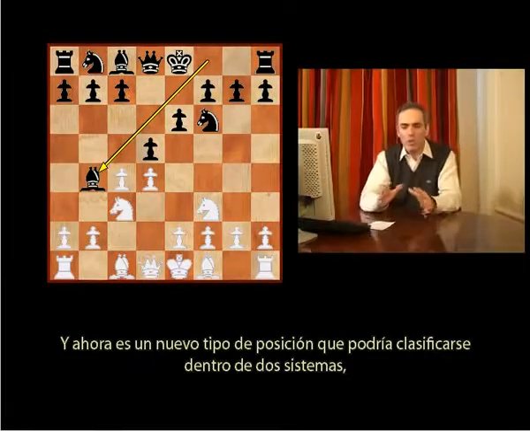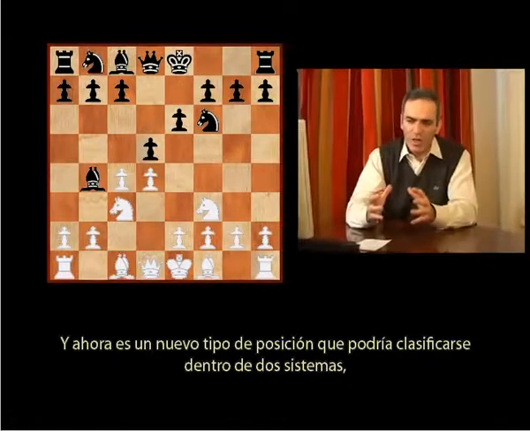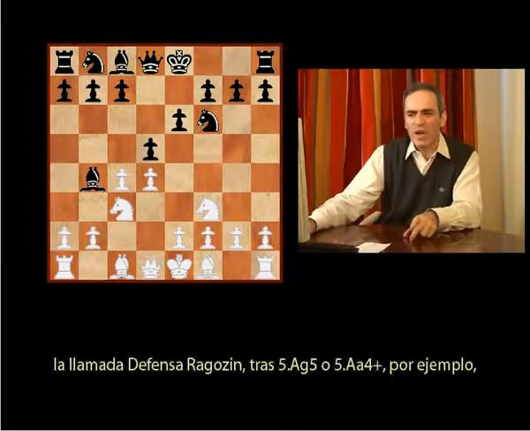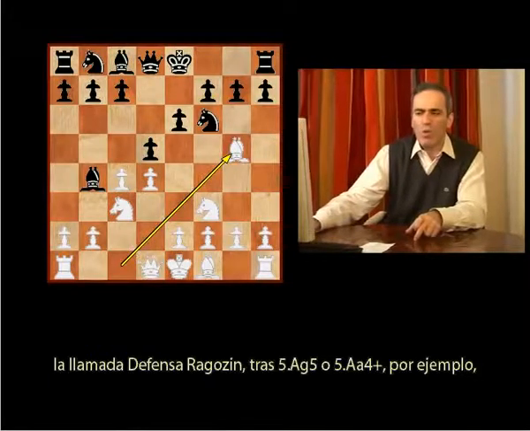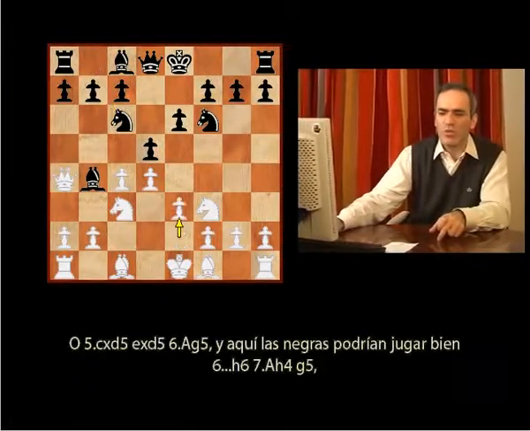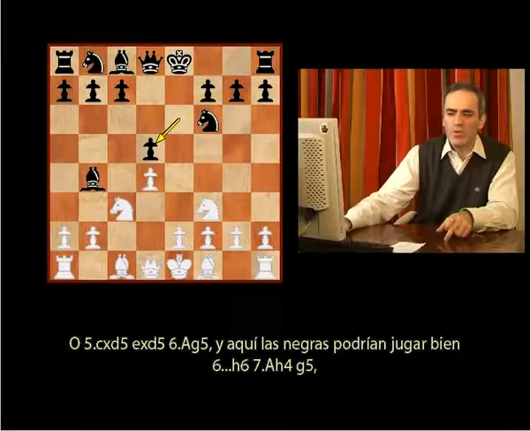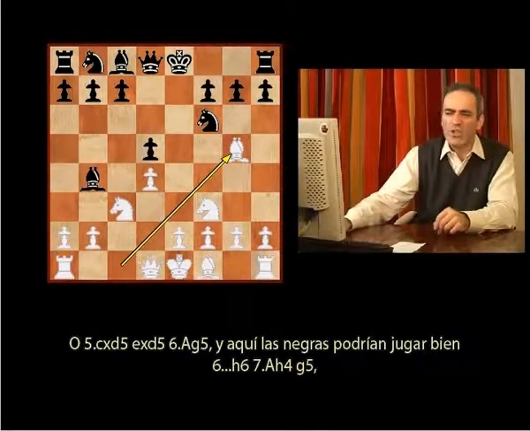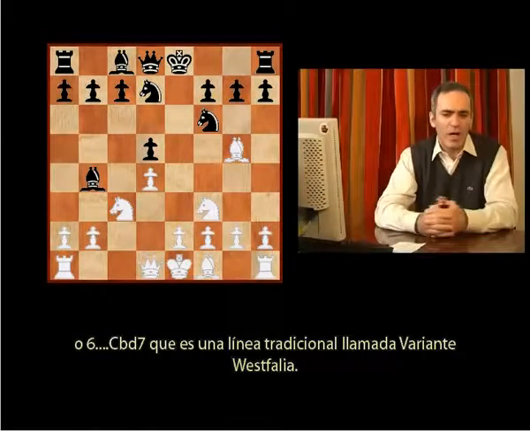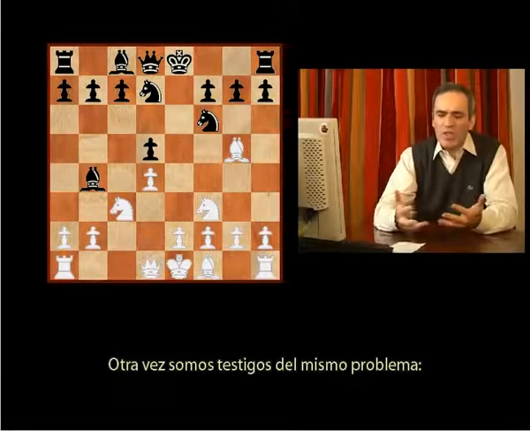And now it's a new type of position that could be classified within the two systems: the so-called Rogozin defense after bishop g5, or queen a4 check, for instance, knight c6, and then white could play e3 or bishop d2, or cd5, ed5, bishop g5, and then here black could either play h6, bishop h4, g5, or play knight bd7, which is a traditional line called Westphalian variation.